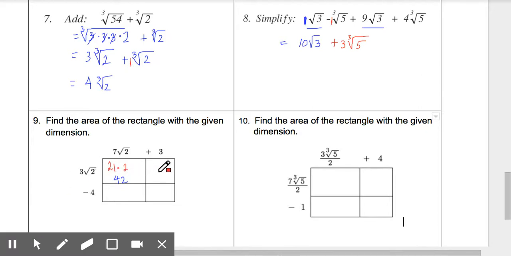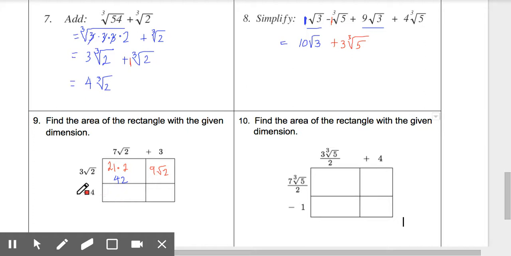Here, 3 square root of 2 times 3, this means you multiply 3 by 3, and that's going to be 9. So we'll have 9 square root of 2. So you have 3 times 3 square root of 2. So that means 3 square root of 2 plus 3 square root of 2 plus 3 square root of 2, which is 9 square root of 2.